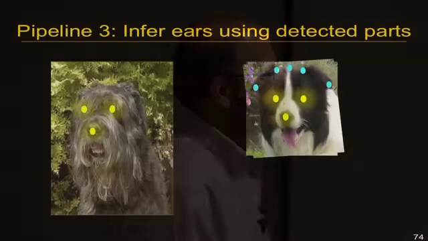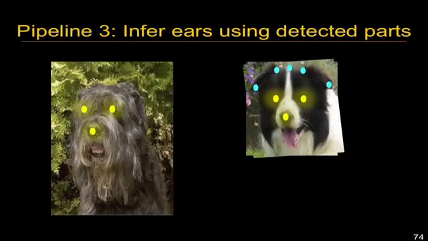Okay, so once we've got the location of the eyes and the nose, then we sort of cycle through every possible breed, and for each different breed, infer where the ears would be if this were the correct breed. So on the right there, we've got some example of a different breed that's been pre-labeled. So we know where the eyes and the nose are and the ears for that breed.